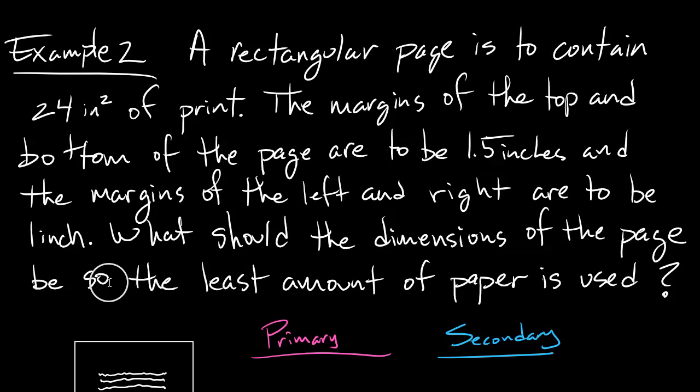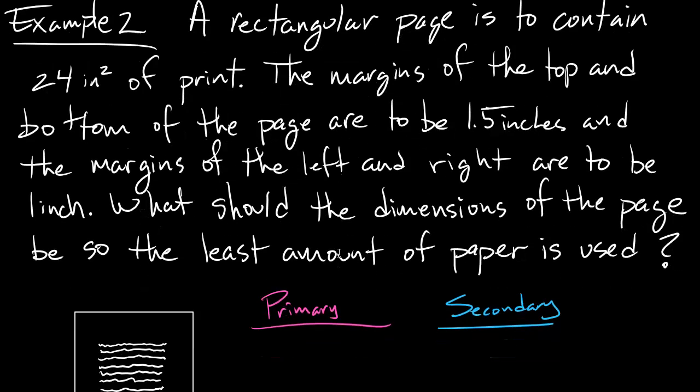Now, this paper is supposed to have margins on it. So top and bottom margins are supposed to be 1.5 inches, and left and right are supposed to be 1 inch. It says what should be the dimensions of the piece of paper so that the least amount of paper is used.